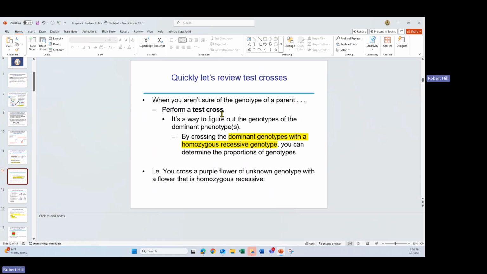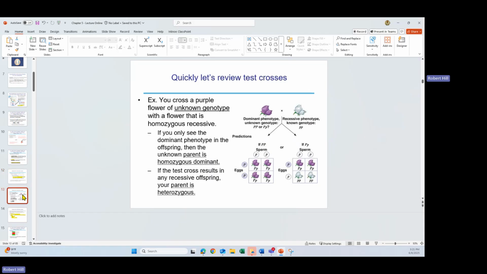But when you're trying to discern the genotype of a dominant phenotype, you have 2 possibilities, right? You can have homozygous dominant or you can have heterozygous. So when you're trying to discern that, you do a test cross and it can show you that. I'm going to show you here why it does that. All right, let's just go into that problem a little more.